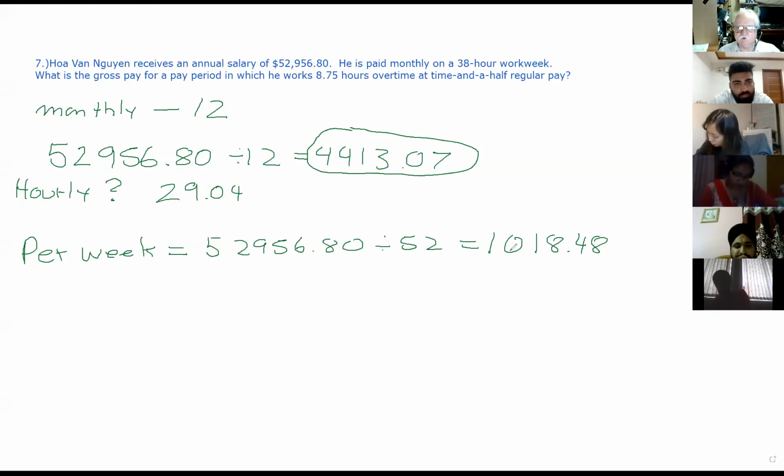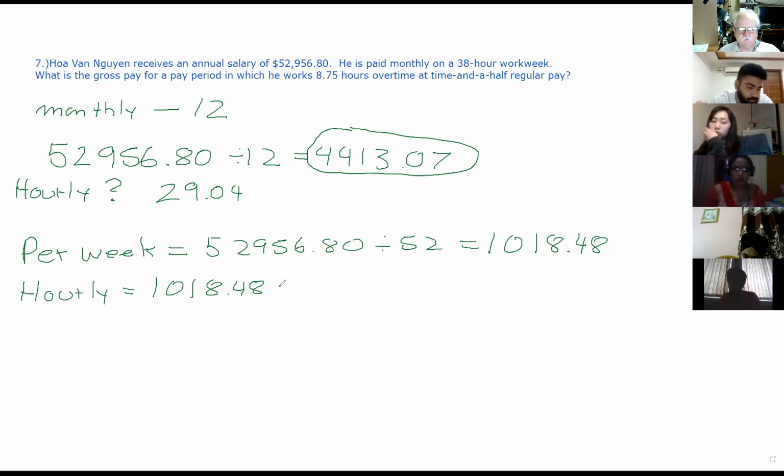And now once we know his weekly salary, we can get his hourly equals 1018.48 divided by 38.